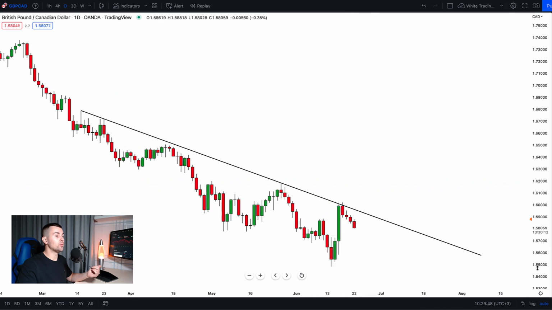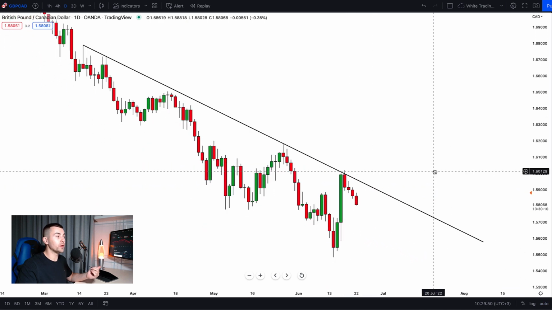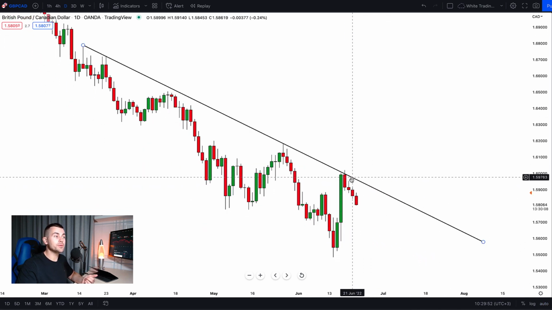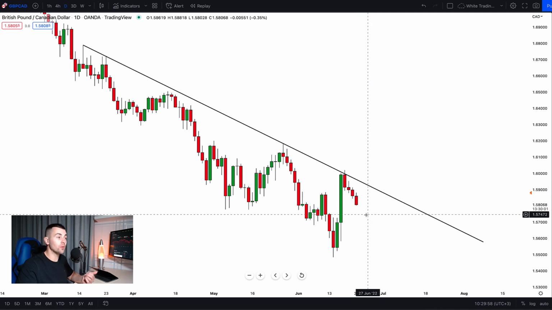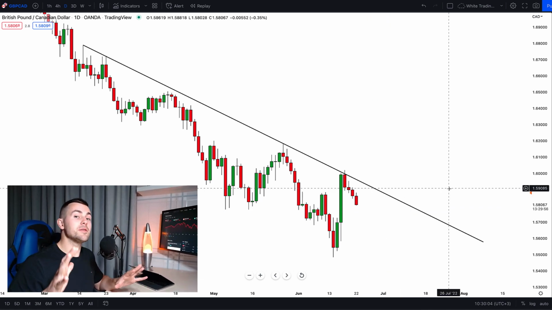And take a look at what happened with the market recently. The market recently reached that trend line, and you can see that we already see quite a strong bearish reaction from that trend line.